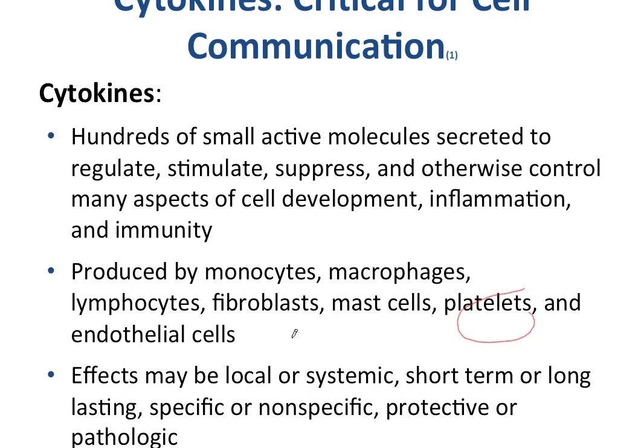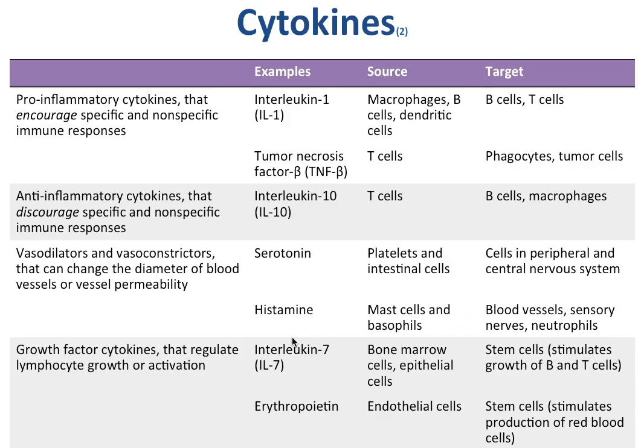So cytokines can induce all kinds of reactions, such as local and systemic reaction. For example, we have interleukin 1, TNF alpha, interleukin 10, serotonin, histamine, so this can induce vasodilation and vasoconstriction.